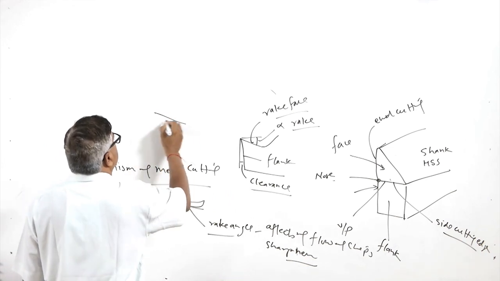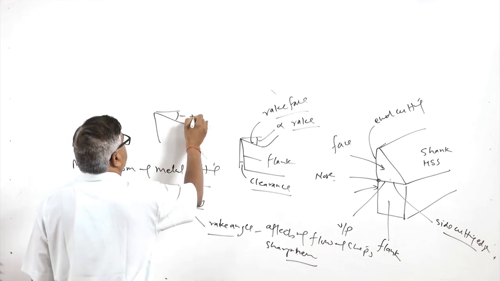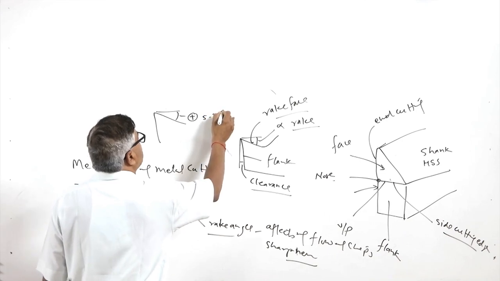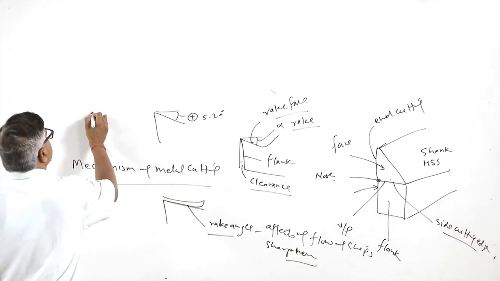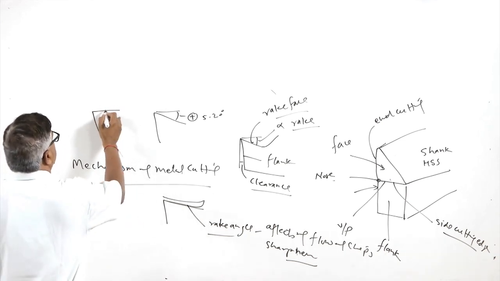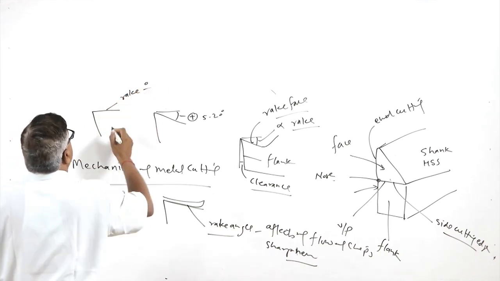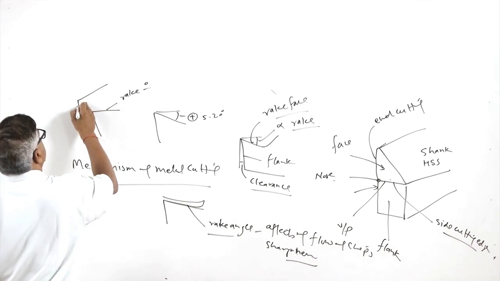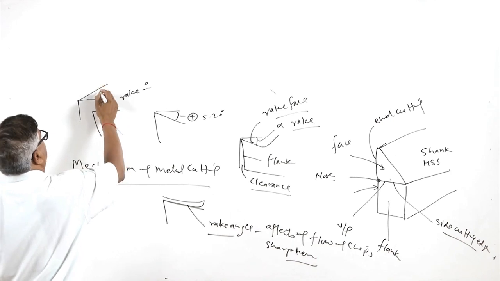If the face of the tool is inclining back, this is termed a positive rake, normally given 5 to say 20 degrees. The tool face may also not be given any angle, so the rake angle is 0, or the tool face may be inclined in the upward direction, which leads to the negative rake angle.